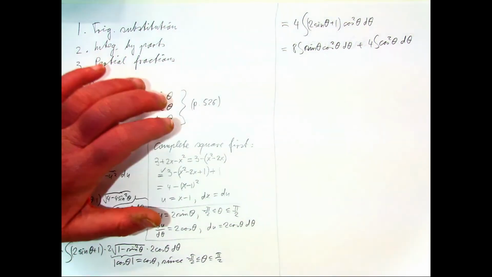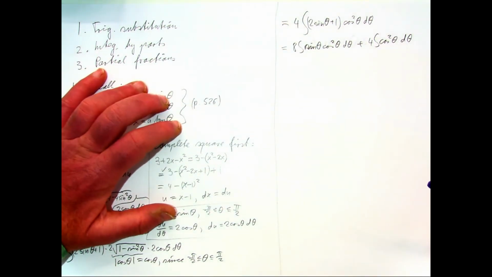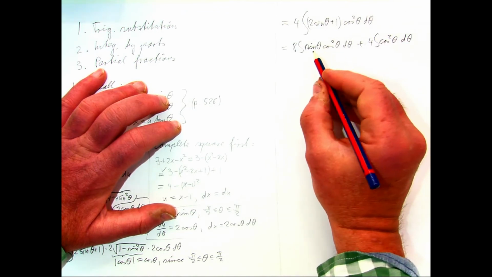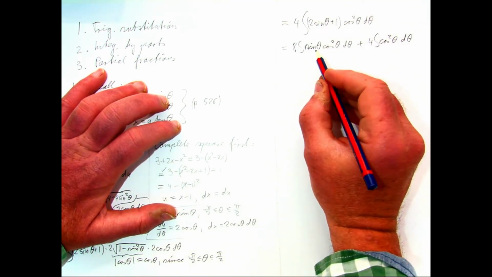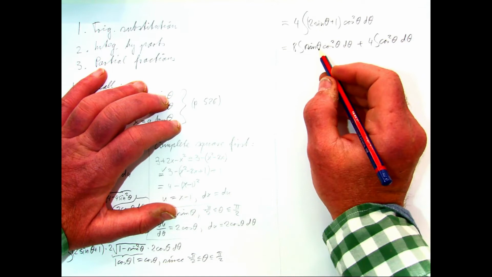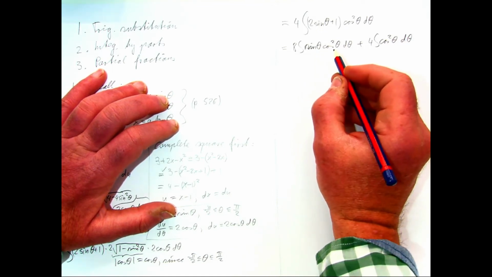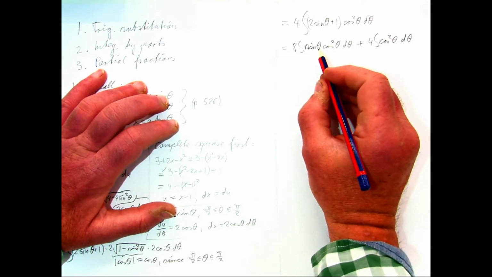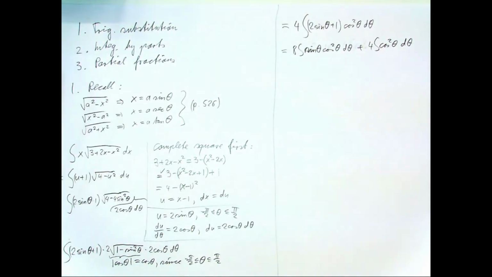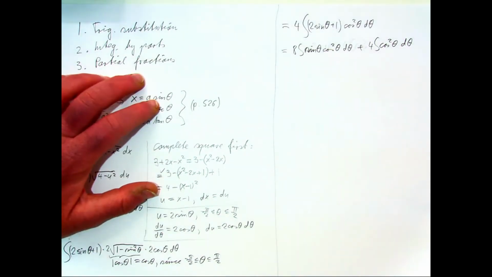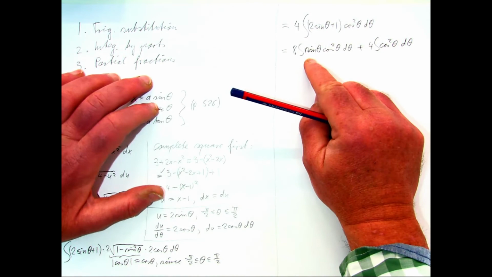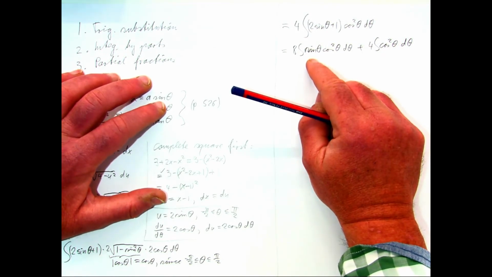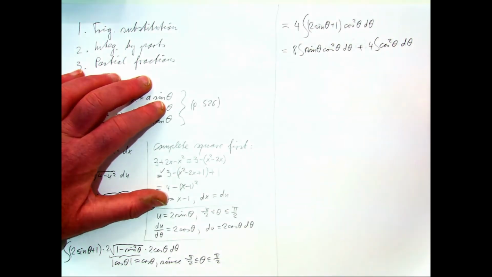Well, now we have to integrate that. Remember what the trick is if you have a product of a power of sine and a power of cos: you look where is the odd power, and you write everything in terms of the other power. So here we simply make the substitution t equals cos theta.